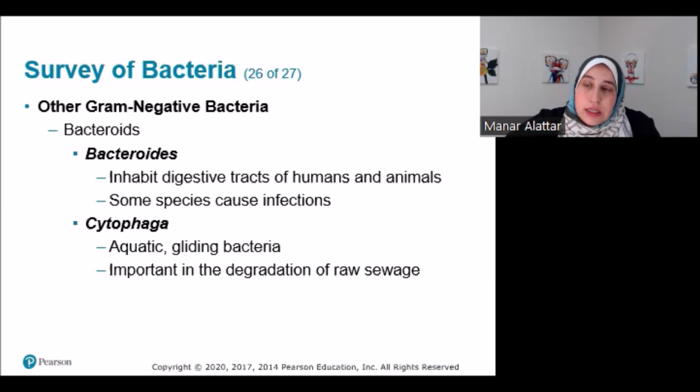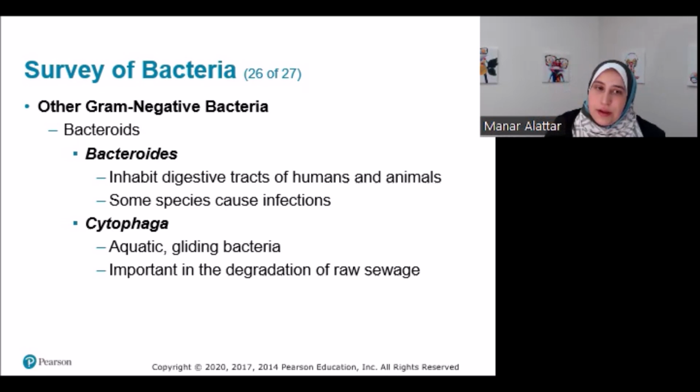In fact, depending on the person and the ecosystem that they live in, between 5 to 50% of the species that are isolated from feces are actually Bacteroides. Although most of them are beneficial, there are a couple species that are pathogenic as well, and those are some of the most common anaerobic human pathogens that we know of.